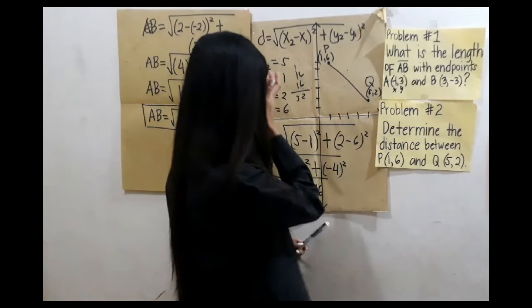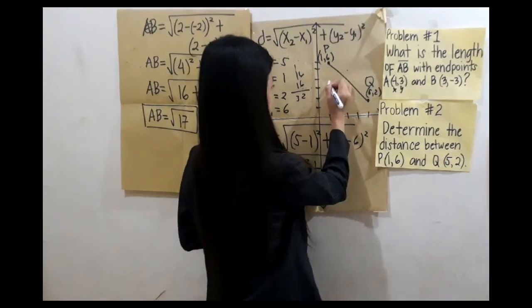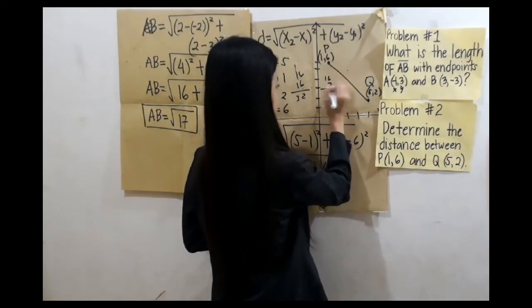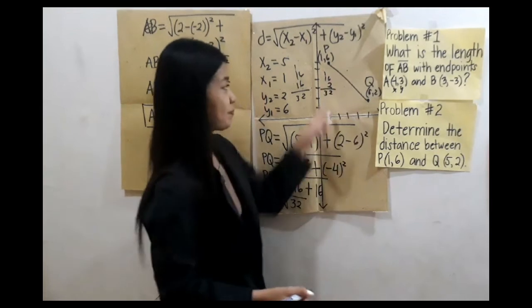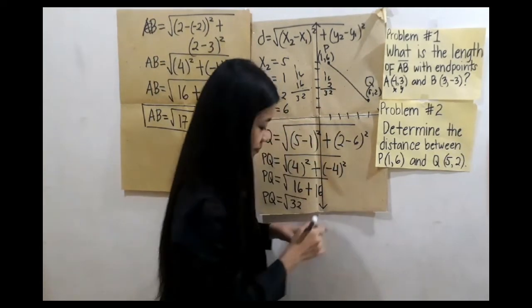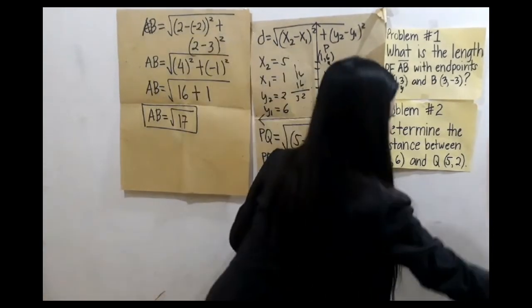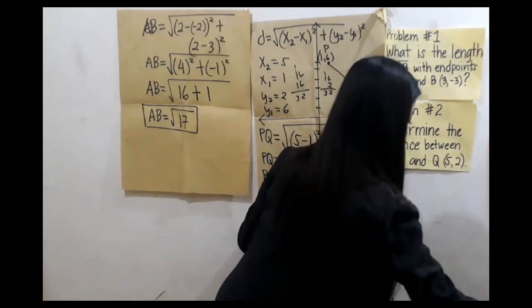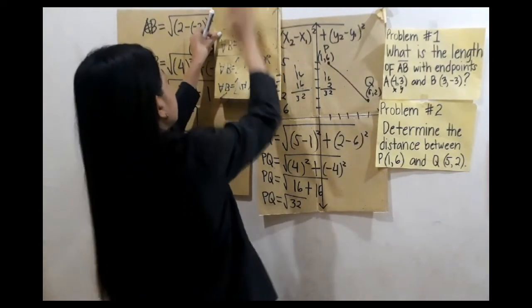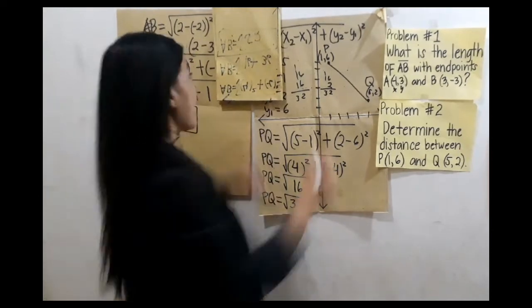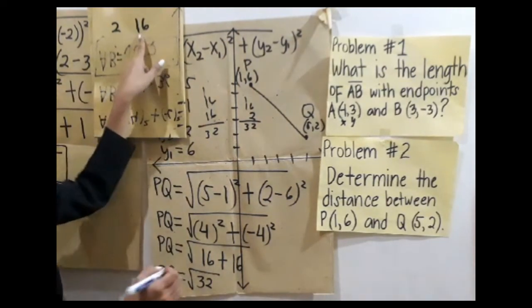So we have 2 and 16. 16 is a perfect square.